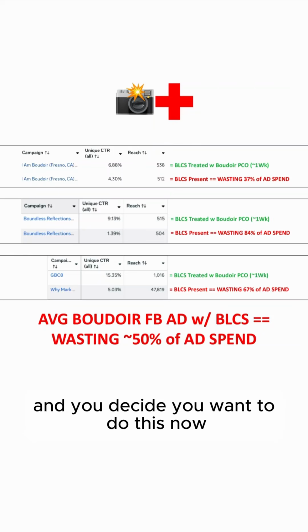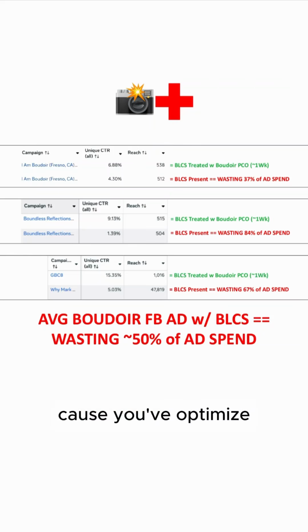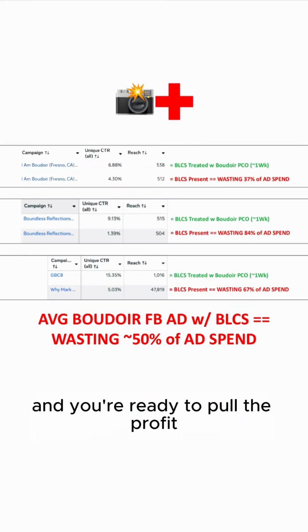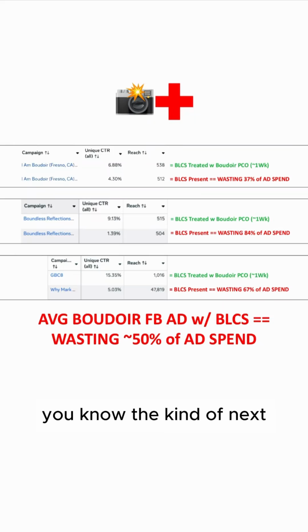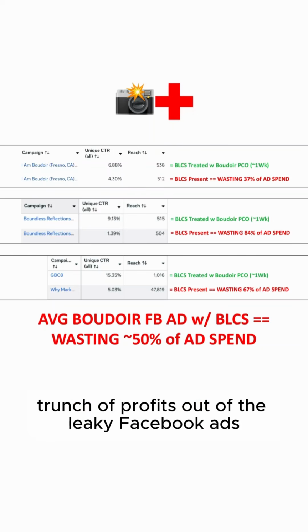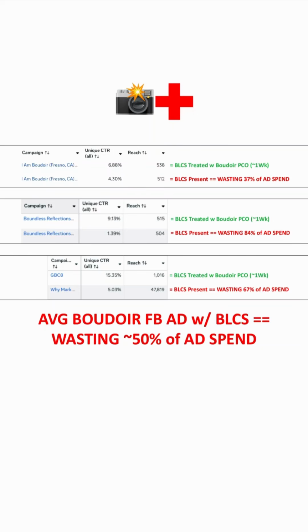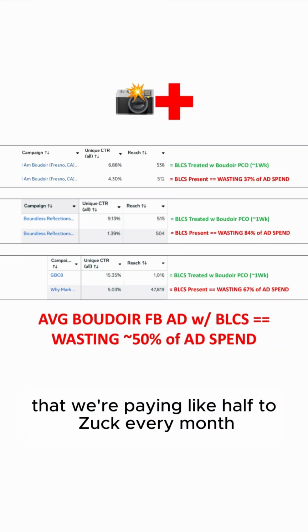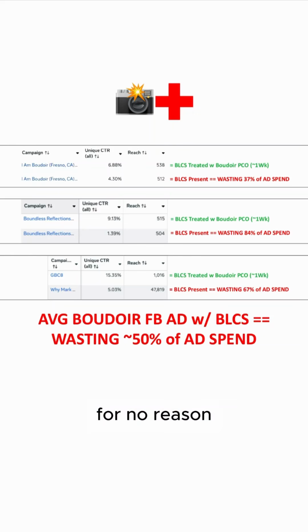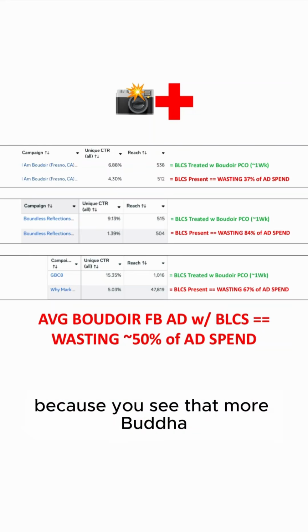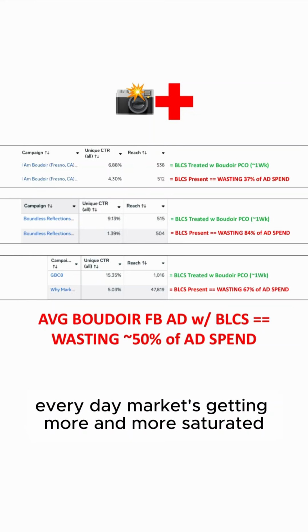And you decide you want to do this now because you've optimized other parts of your business and you're ready to pull the next tranche of profits out of the leaky Facebook ads that we're paying like half to Zuck every month, being wasted for no reason. Because you see more boudoir photographers entering the market every day. Market's getting more and more saturated.